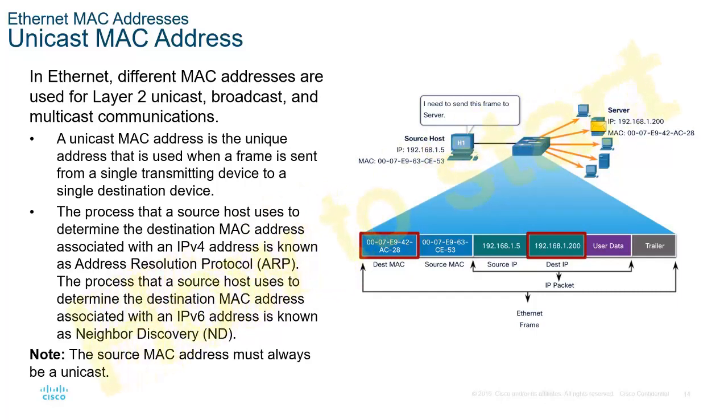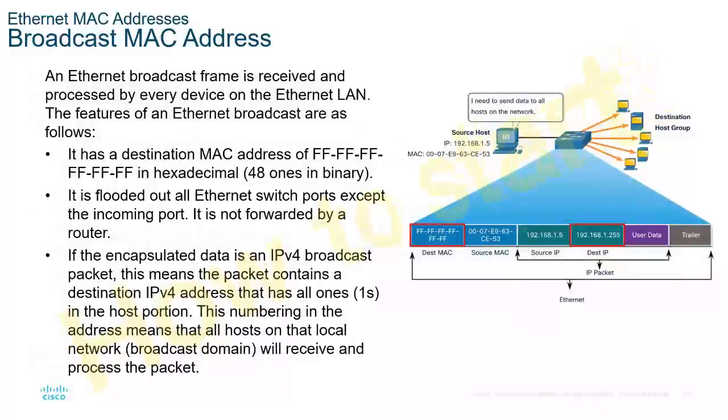So I know its layer 3, but not its layer 2. I would send it to the switch, and it will send it to everyone, looking to see who has that IP address. The machine that has it would respond with, my MAC address is such and such. Again, the source MAC address will always be a unicast address. Unicast is one-to-one.